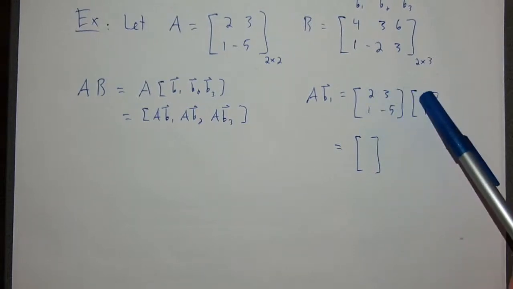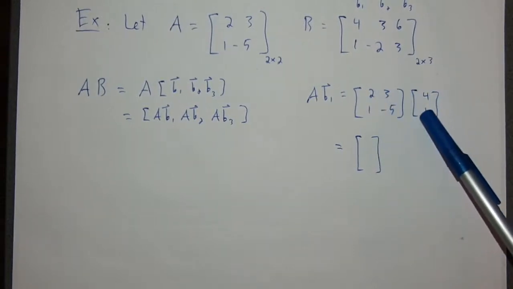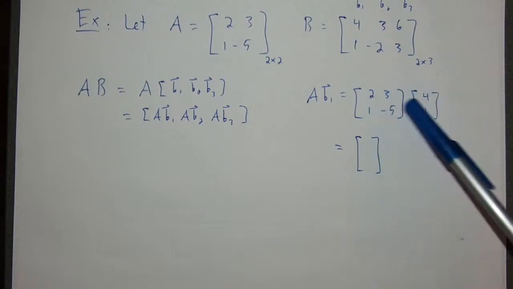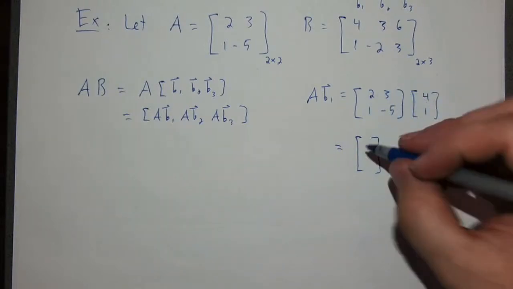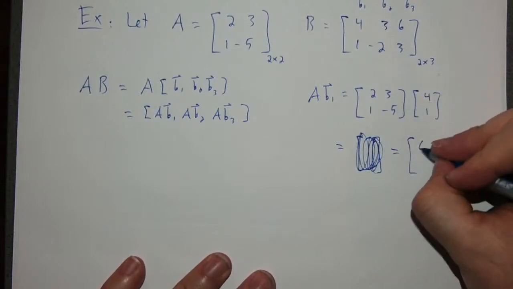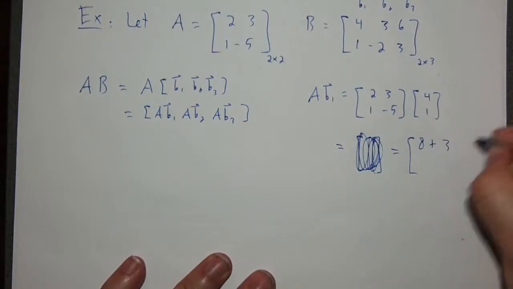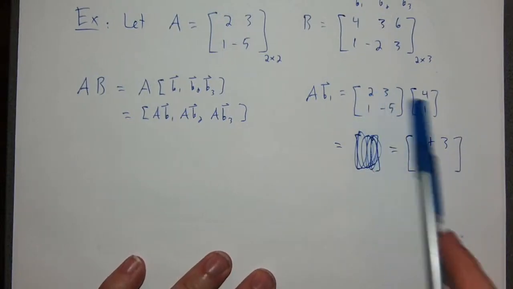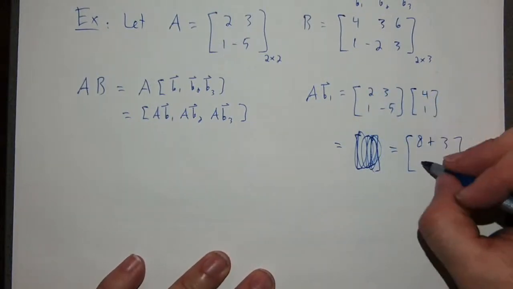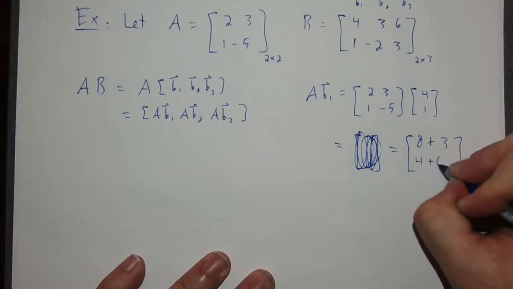So this is 2 times 4 plus 3 times 1 in the first entry. Let's write this out fully. This would be 8 plus 3 in the first slot, and in the second slot, this would be 4 plus minus 5.